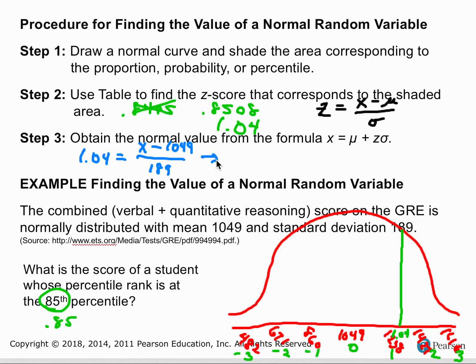So let's solve that. Let's multiply 1.04 times 189. So I got 196.56 equals x minus 1049. So let's add 1049 to both sides. And I get x is 1245.56.